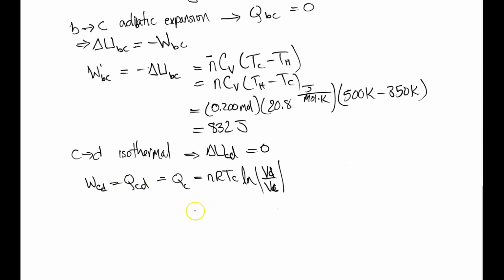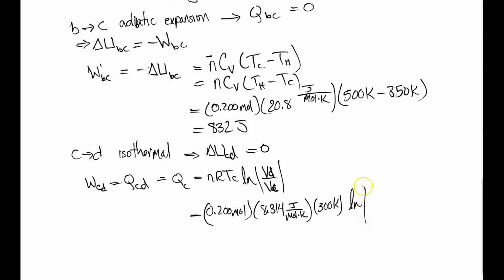And plugging in, we get 0.2 mole times 8.314 joule per mole Kelvin. Temperature at C is 300 kelvins.